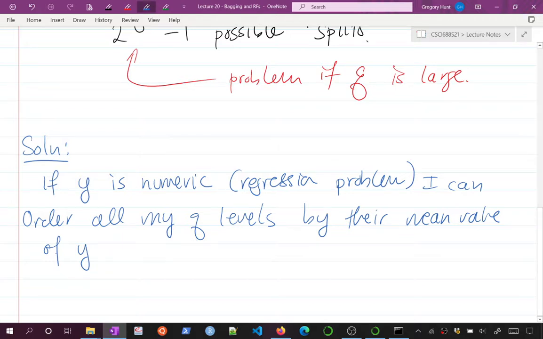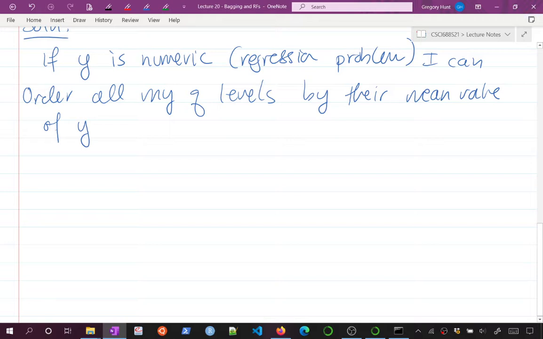So let's just leave it like that. And so what I can do is put these out on a line. So maybe this is the y bar for group 1. This is the y bar among observations for level 3.